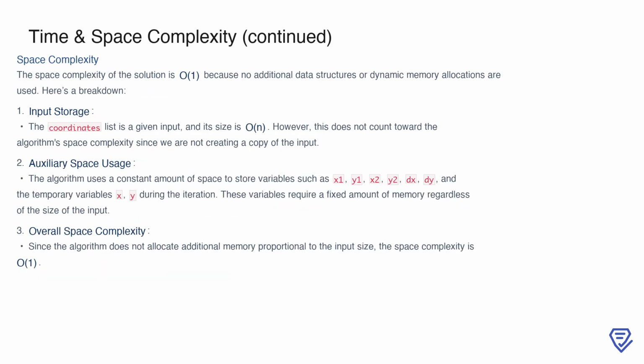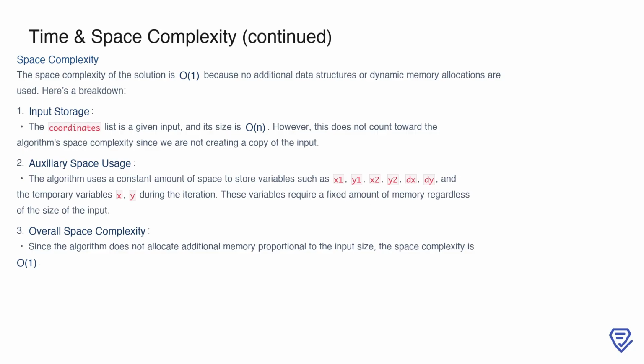Now, let's consider the space complexity. The algorithm is highly space efficient, with a space complexity of O(1). This is because it does not use any additional data structures or dynamic memory allocations. The input, the coordinates list, is provided to the function, so its storage is not counted towards the algorithm's space usage.